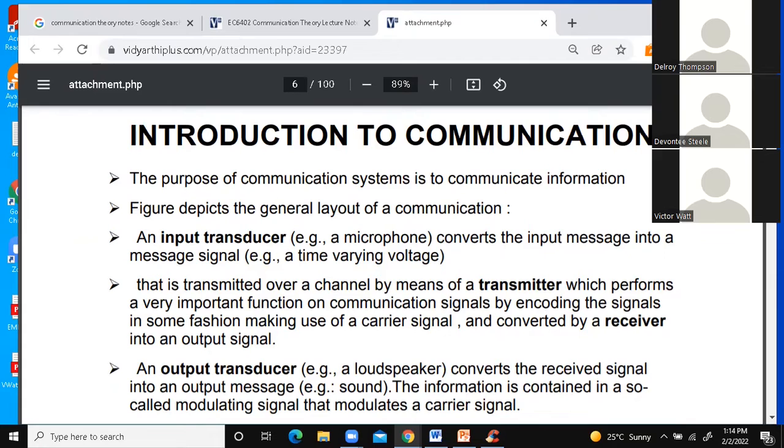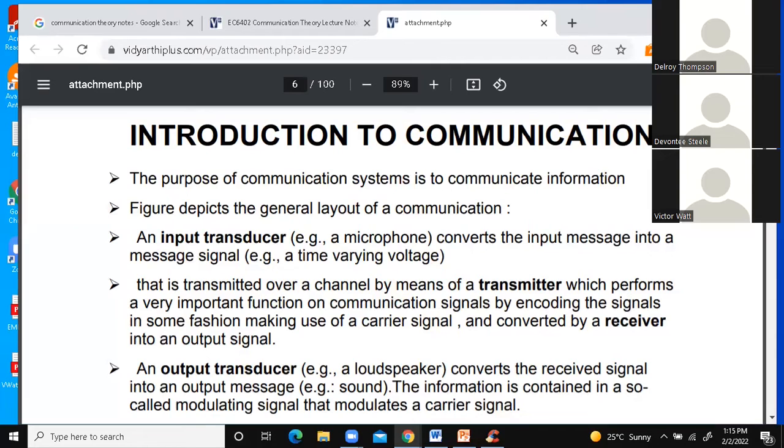The transmitter will now convert the input voltage that your transducer feeds to it and transmit that through some medium to your receiver, right?